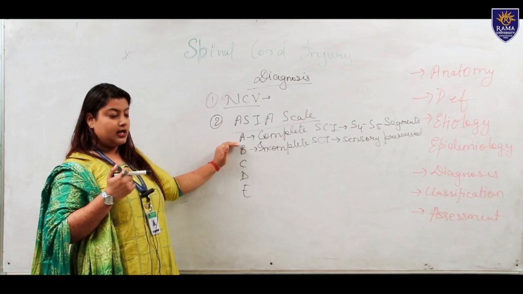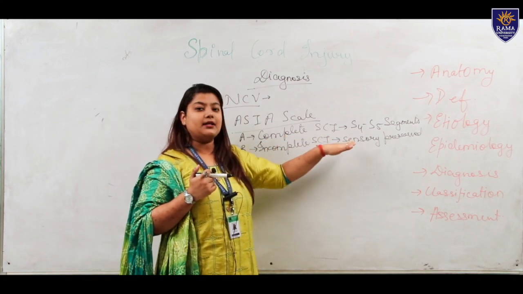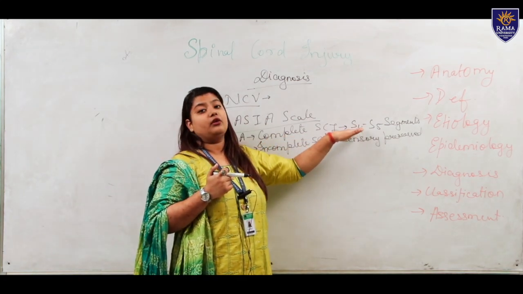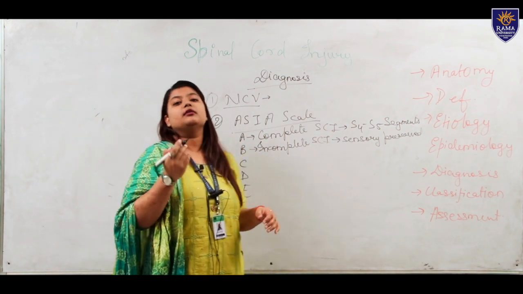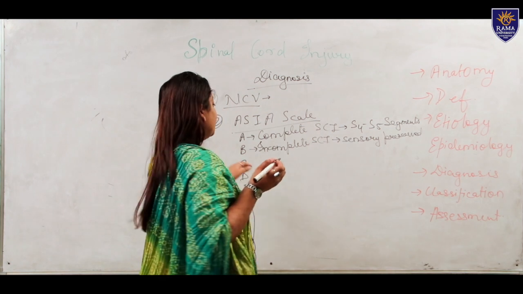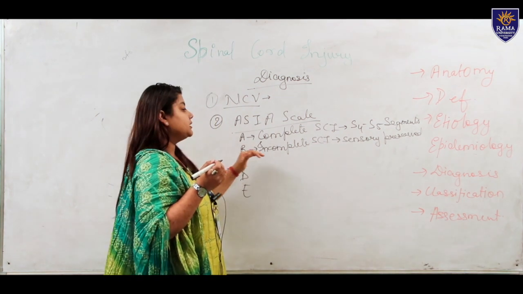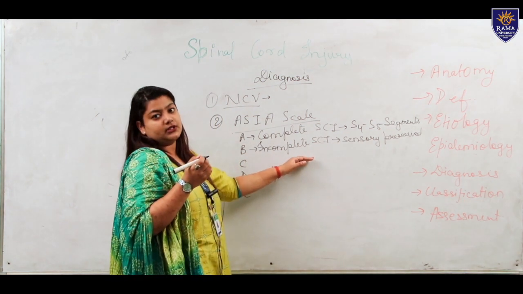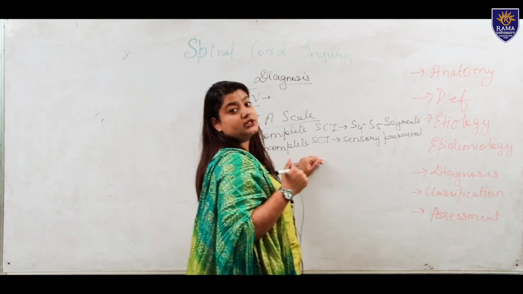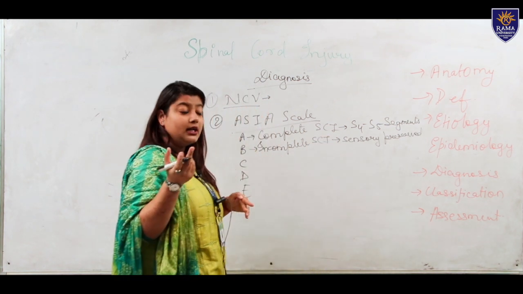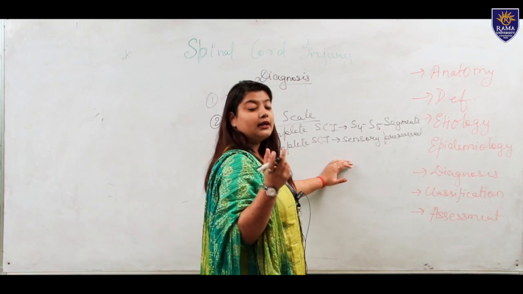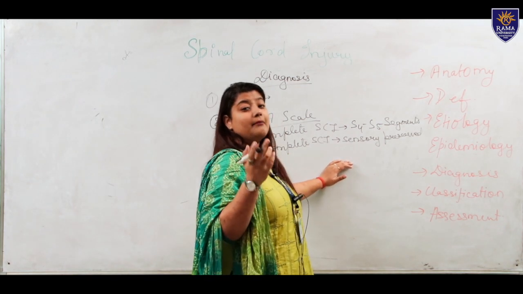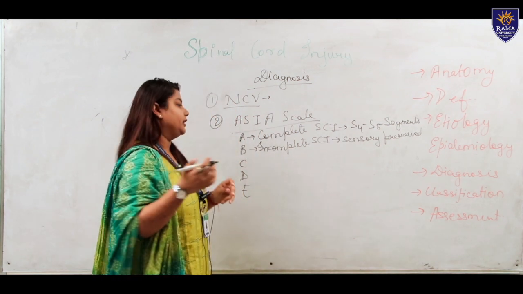In category A, we saw that there is complete spinal cord injury at the level involving S4, S5 segments, where there is both sensory and motor dysfunction. Then category B involves incomplete spinal cord injury patients, where sensory functions are preserved, that means intact, but motor dysfunction is prevalent.